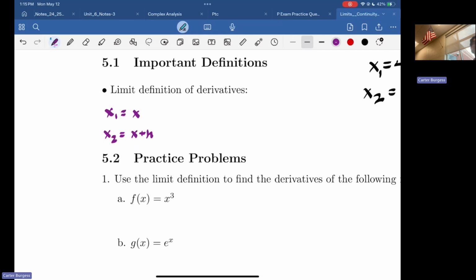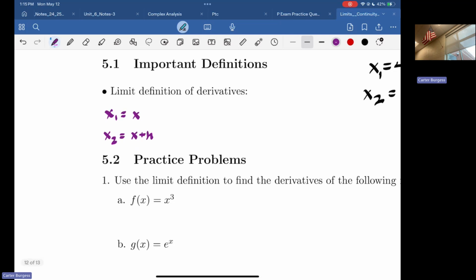The closer to 0, the better. How do we calculate our y1 and our y2? Well, all we are doing is taking whatever our function is and replacing the x in it with the particular x value. So this would be f of x1, which is just f of x. And this would be f of x2, which is just f of x plus h.